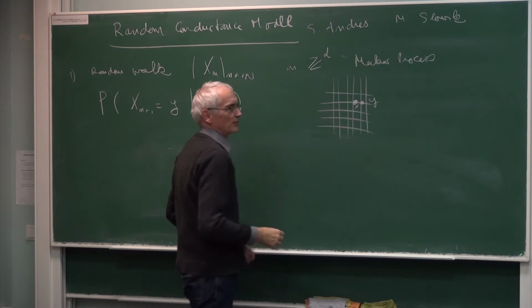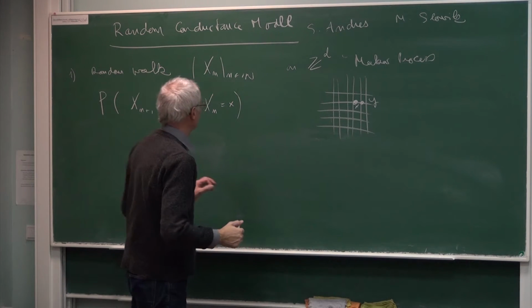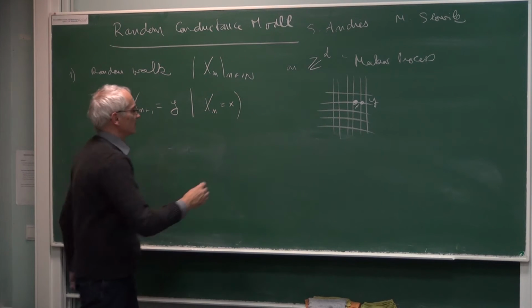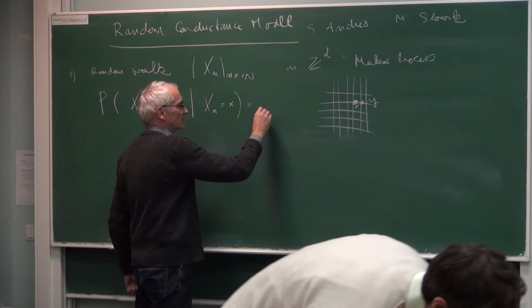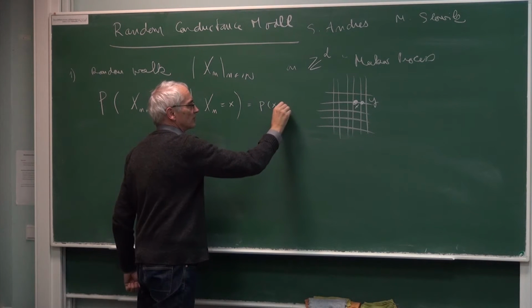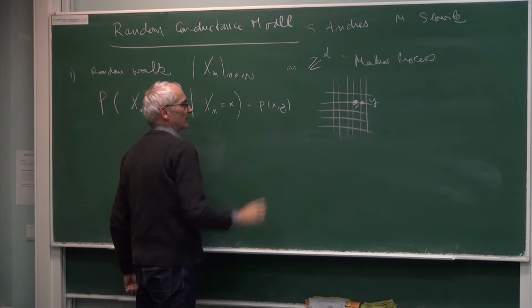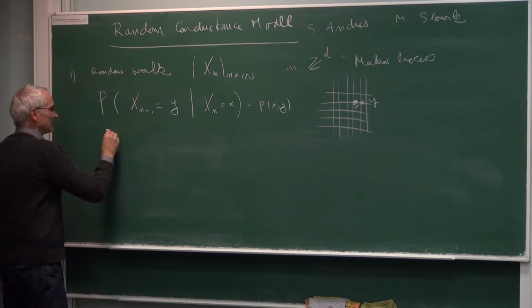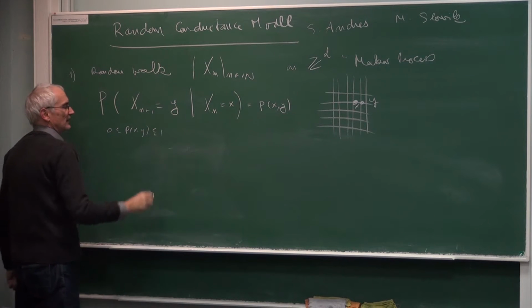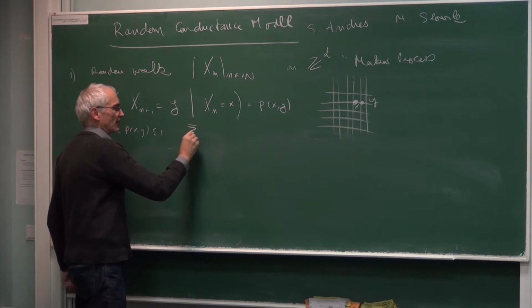Typically, but not all the time, we will take a very simple case where you only jump to a nearest neighbor. This probability is given by a transition probability, called P(x,y). Of course, P(x,y) is just a probability, so it's larger than or equal to 0, and it has the property that it sums up to 1.